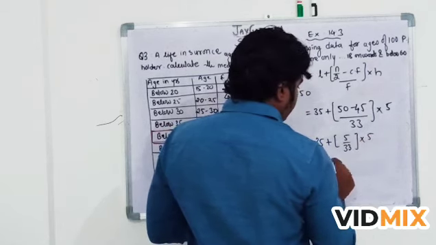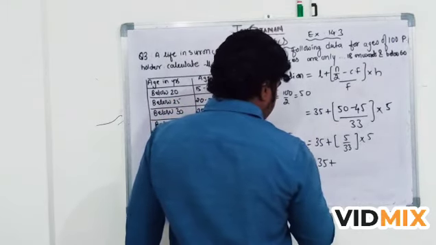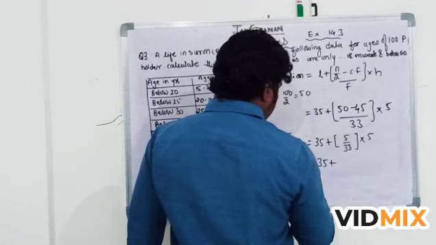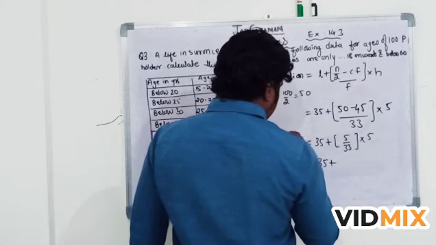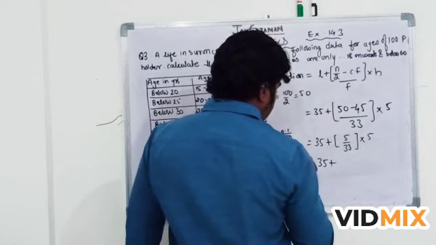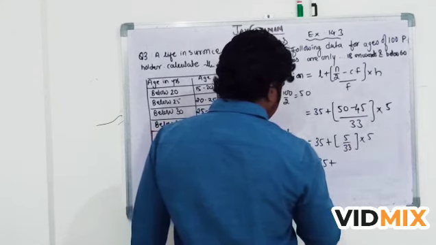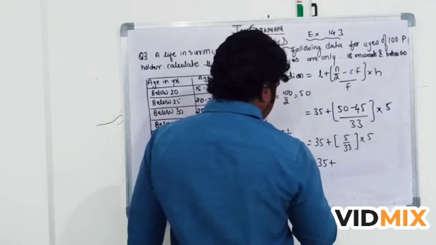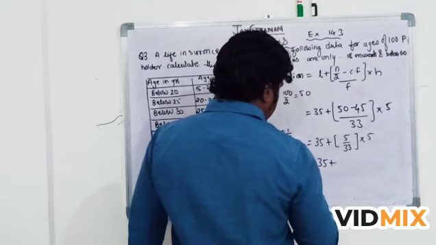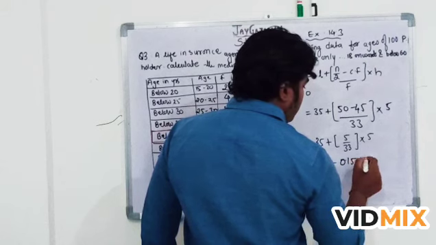So 35 plus, you can calculate this, 5 by 33, this can be calculated as approximately 0.15 into 5.